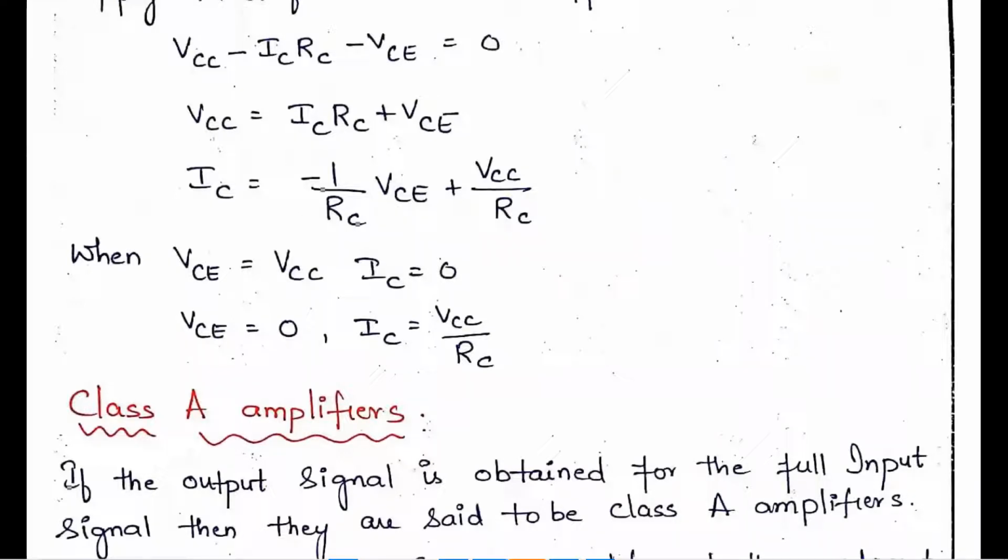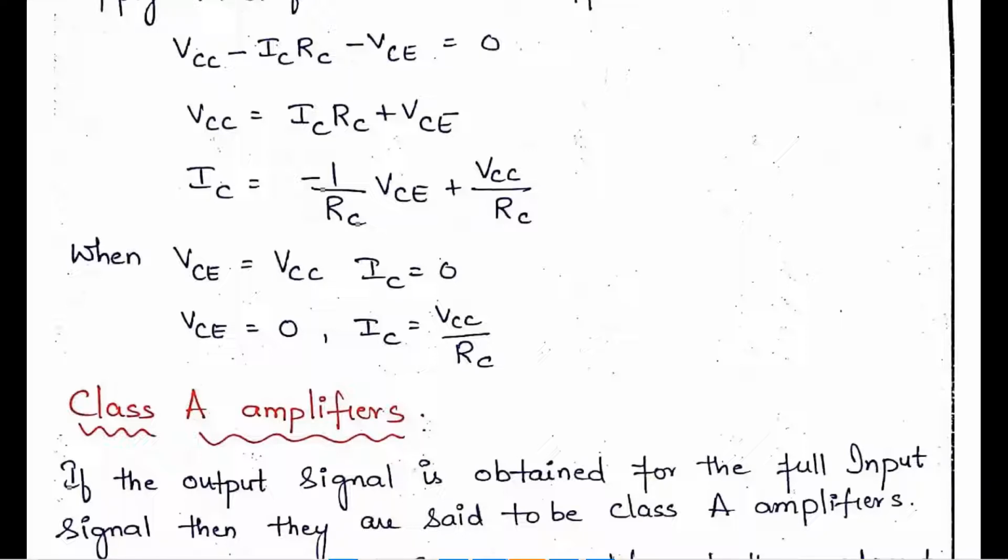Now we got the point on the x-axis; how to get the point on the y-axis? Put x equal to 0. Very good. So what is x here? VCE. Now to identify where this straight line intersects the y-axis, we have to consider VCE equal to 0.